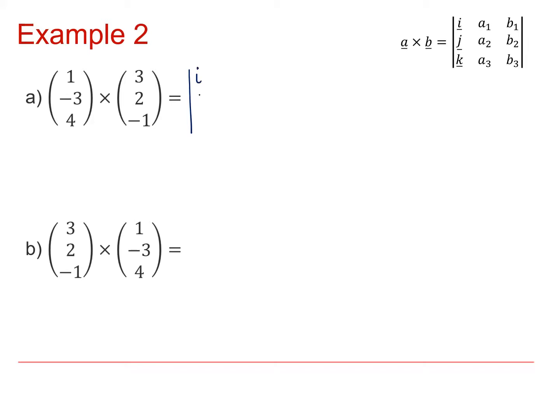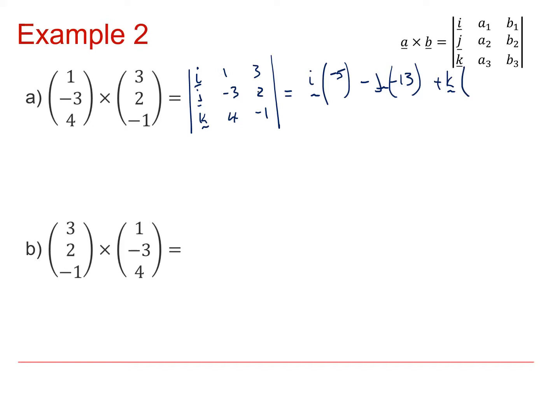So I'm going to get i, j, and k, 1, minus 3, 4, 3, 2, minus 1, and then if I plug those in and expand, I'll get 3 take away 8 is minus 5, and then minus j times minus 1 take away 12 is minus 13, plus k times 2 take away minus 9 is 11.